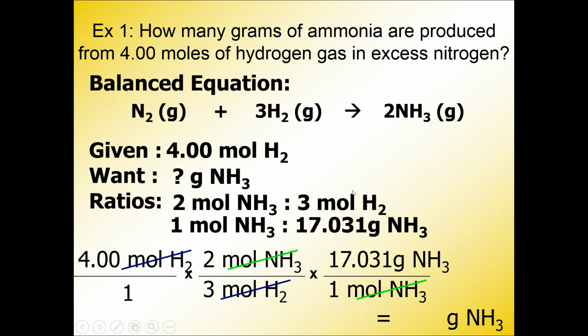Now I can go ahead and type this into my calculator, and I'm going to type in 4.00 times 2 times 17.031 divided by 3. Notice I ignored the ones because I know they're not going to affect my calculation, and my answer, rounded to 3 significant figures, is 45.4 grams.